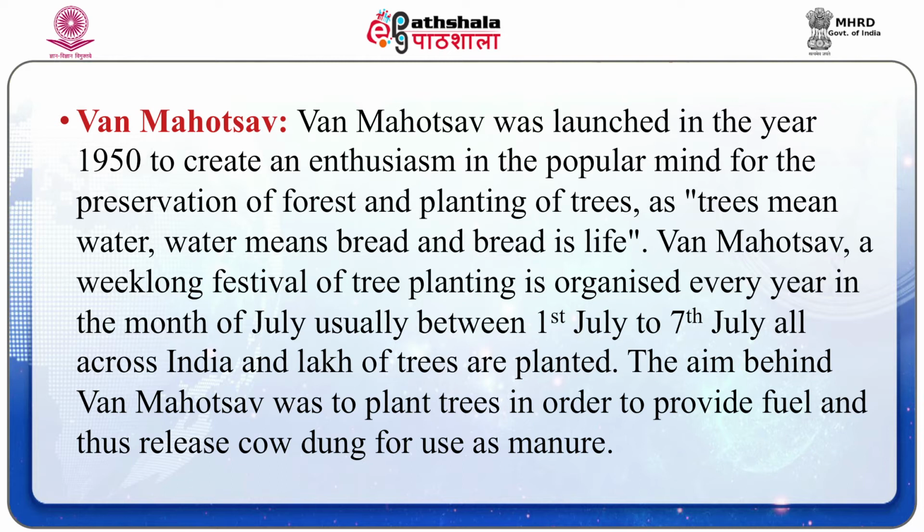Van Mahotsav, a week-long festival of tree planting, is organized every year in the month of July, usually between 1st July to 7th July all across India, and lakhs of trees are planted. The aim behind Van Mahotsav was to plant trees in order to provide fuel and thus release cow dung for use as manure.